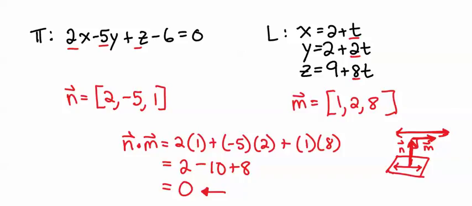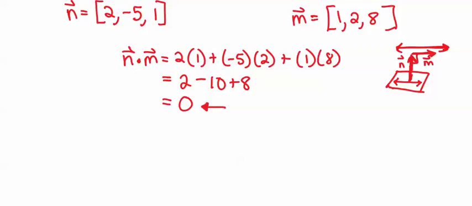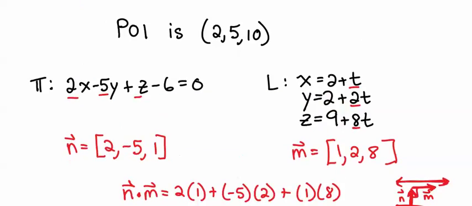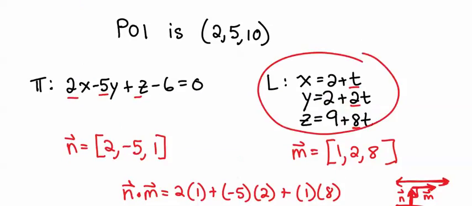So we're thinking they could be parallel, but could also be coincident. If we want to test that out, we could take a point and sub it into our plane. Let's see this parametric equation here. You know how I took 1, 2, and 8 as the direction vector? Well, I also know a point on my line is actually 2, 2, 9. So these numbers here give us a point on our line.